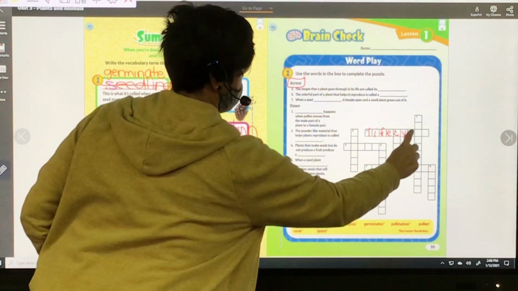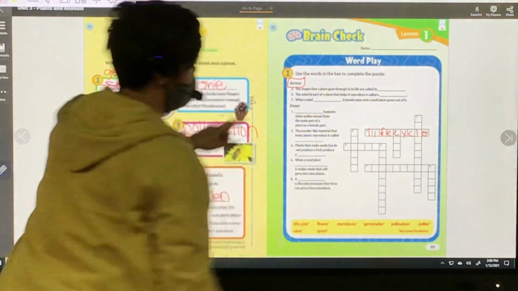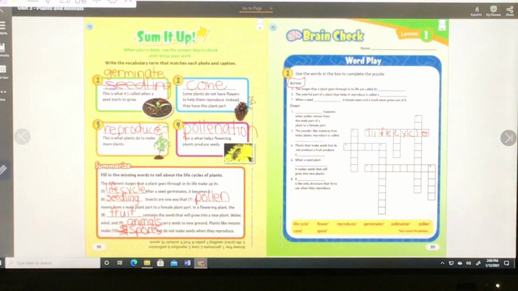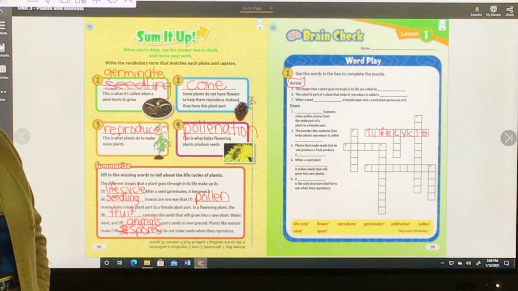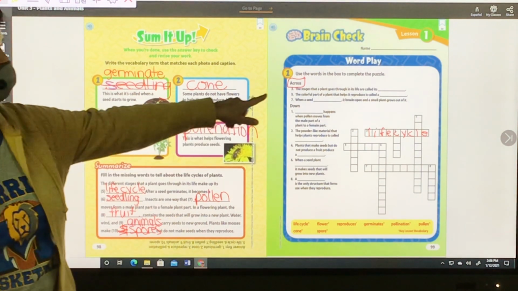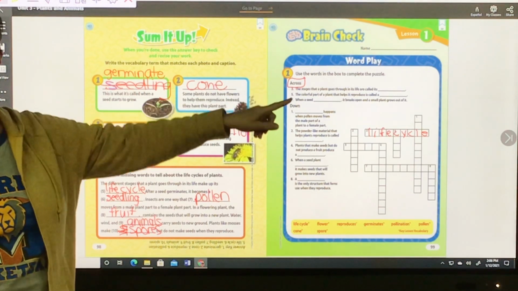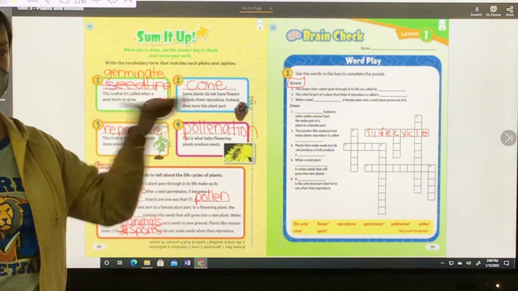It has to be 3 across because that's the number underneath the across part. So did life cycle fit in there? Yeah. What is our next number? 5, and it's still underneath across.